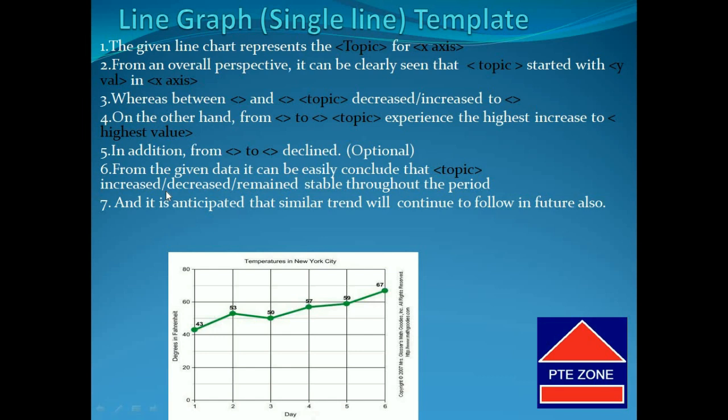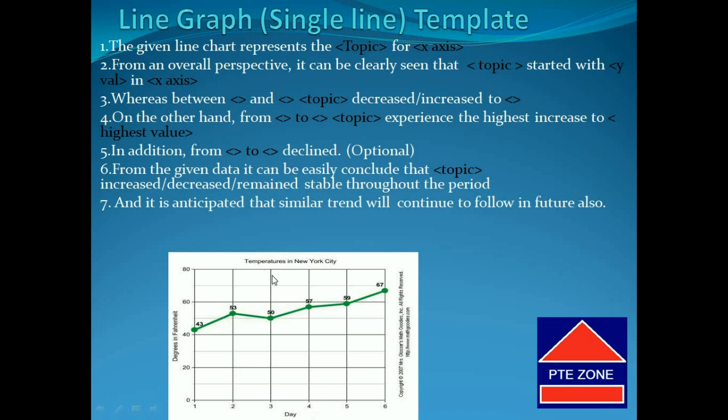So now I will show you how I would do it if I get this question in exam. So let's start. The given line chart represents the temperature in New York City for 6 days. From an overall perspective, it can be clearly seen that temperature started with 43 degree in the first day, whereas between second and third day the temperature decreased.